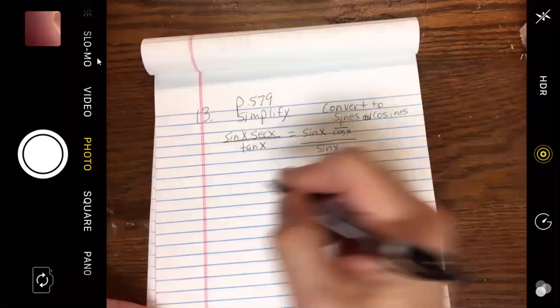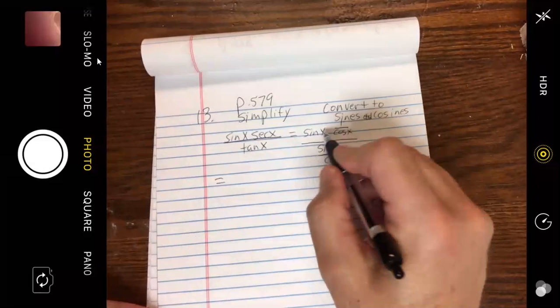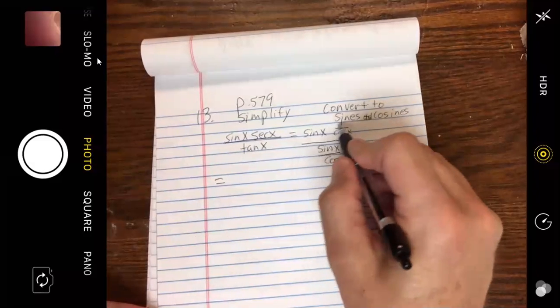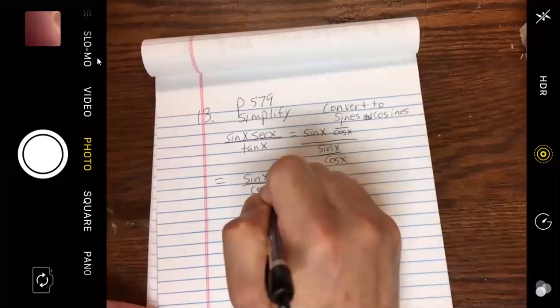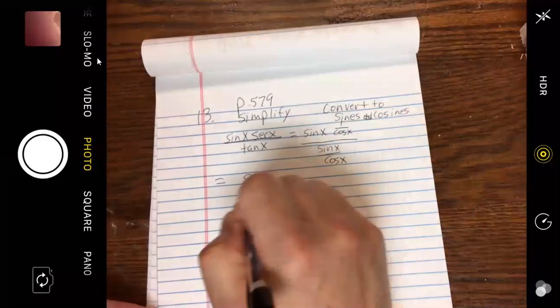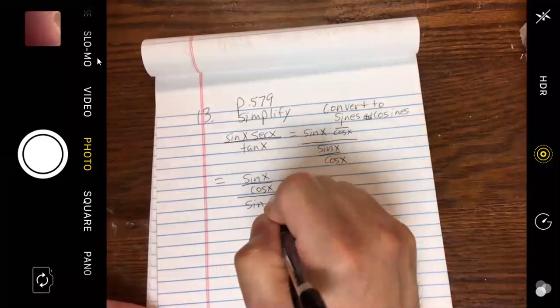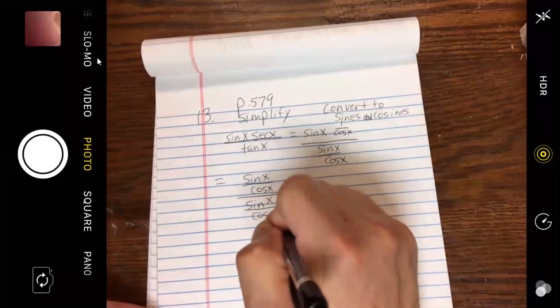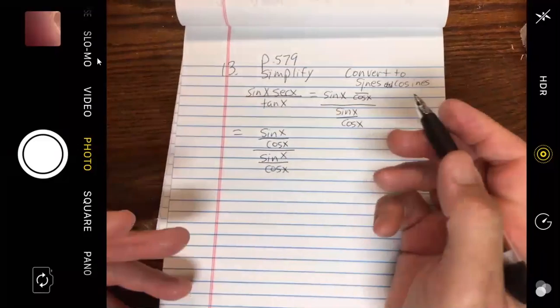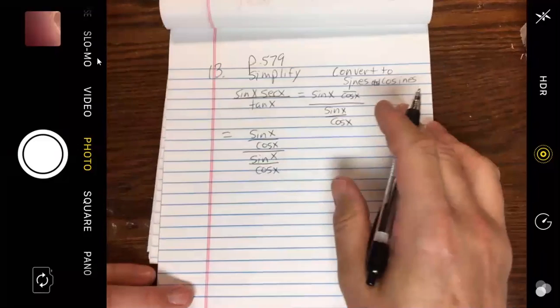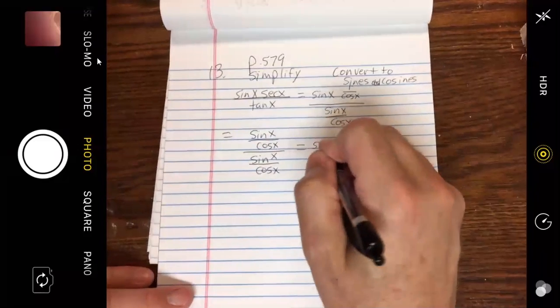I'm going to simplify each fraction. Sine x times the 1 would wind up over cosine. Notice that you're dividing by exactly the same thing. You could sub in a tangent here, tangent over tangent is 1. There's several ways to play these things. I'm just going to divide it out.